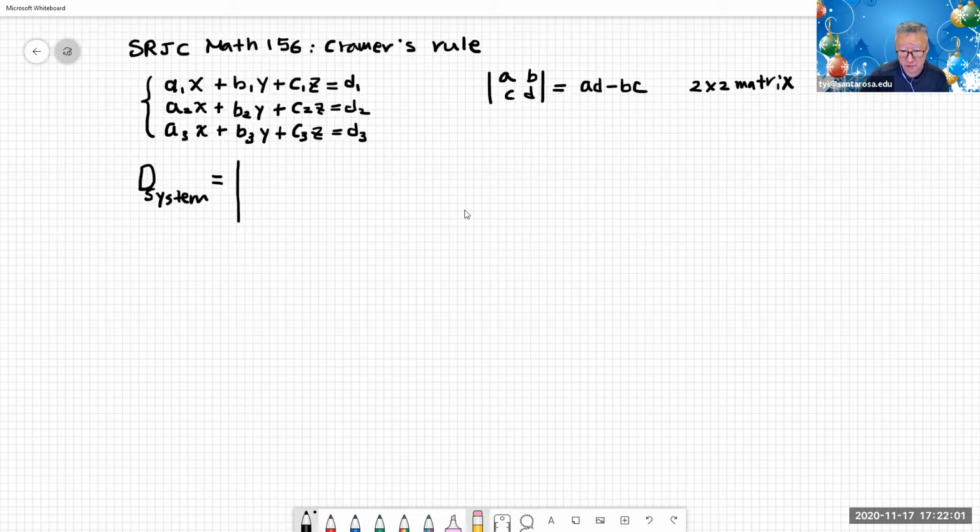The first thing that we have to know here is that we need to understand how to set up the determinant of each system that we have. Then I'll show you how to find the value. So remember, this is your determinant for 2 by 2.